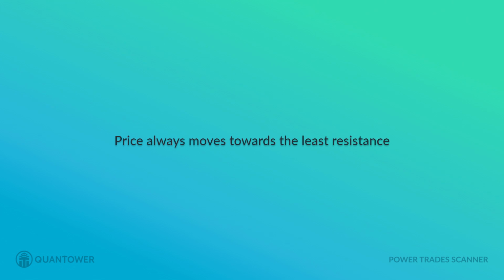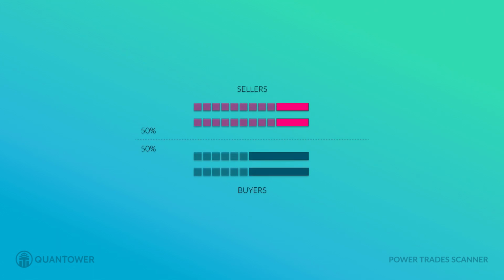Now let's go back to the second statement, where we say that the price always moves towards the least resistance. So how do we understand this? Well, for example, let's take a look at the next slide. What we see here is an example of a simple market depth. We have two parties. One party are the sellers with a total sell volume of 20 lots, and the other party are the buyers with a total volume of 200 lots. To simplify, let's say the average trade size is 5 lots.